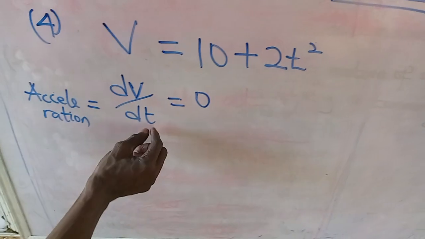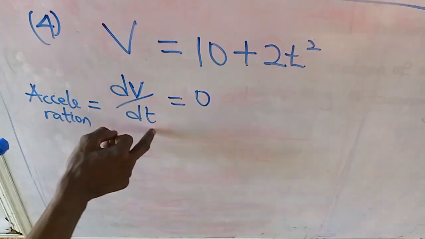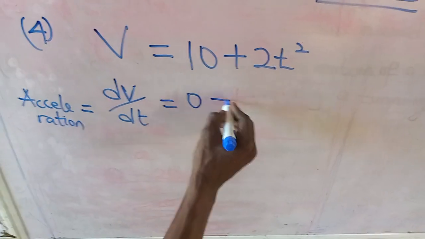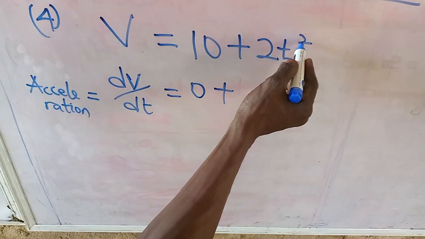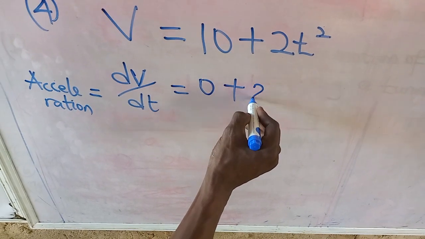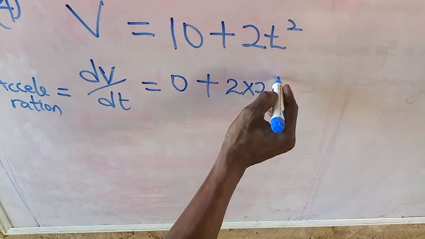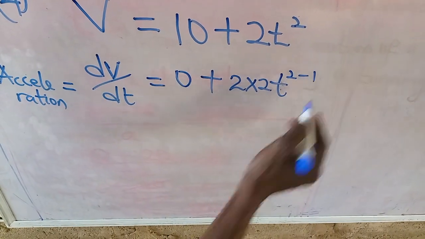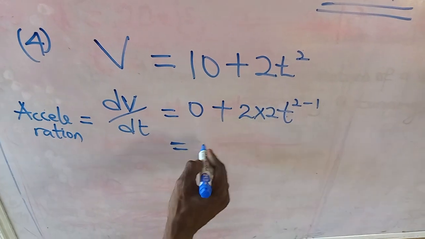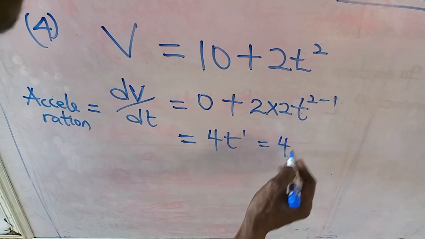Plus, if you want to differentiate this, it will be 2 times 2, times t raised to power 2 minus 1, a formula you should know. This will be 4t raised to power 1, and that's 4t.